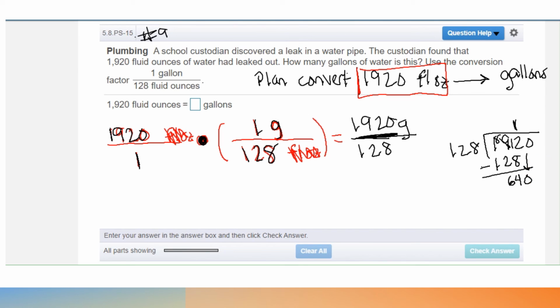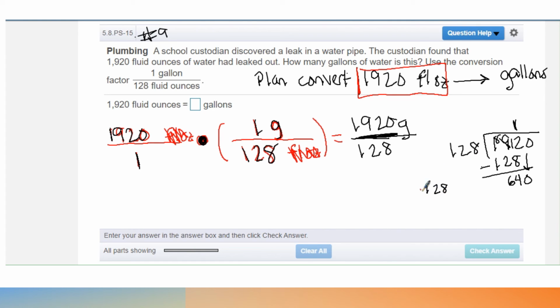Now, since this ends with a 0, I'm going to try 128 times 5. I ask myself, how many times does 12 go into 64? I know that's 5 times. So you have to know that. You can cross off another number, but that'll be too much.